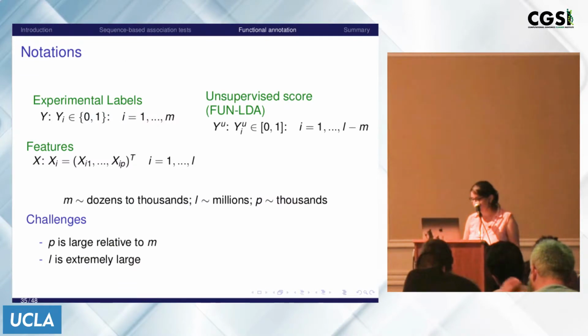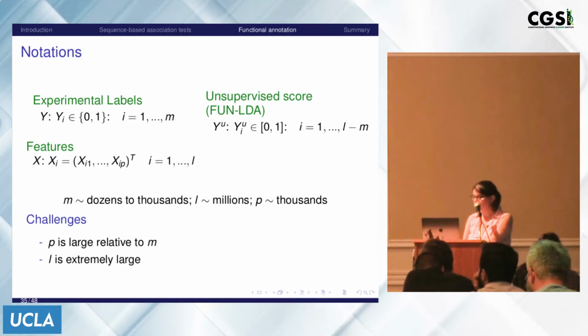So here are the basic ideas behind GenoNet. As I said, we assume we have M variants for which we have experimental labels. And then we have L minus M variants for which we don't have experimental labels, but we have FUN-LDA predictions. And then we have a set of features.